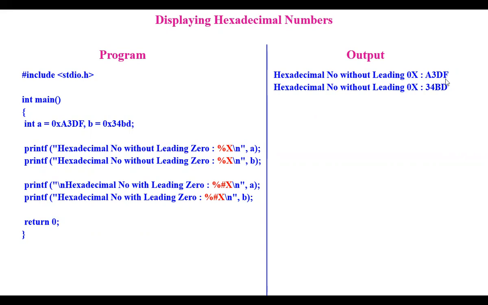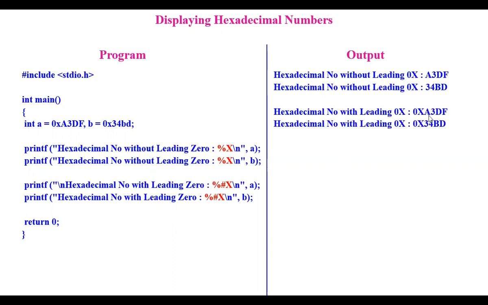You may say that when you have A3DF, it is in the hexadecimal system only, but the system cannot understand that. Also, suppose you have numbers like 1, 2, 3 or 7, 8, 9, 4, 3, 2, there is every possibility of a mistake, assuming it is a number in the decimal system. To avoid that, we must use this 0x in the beginning.